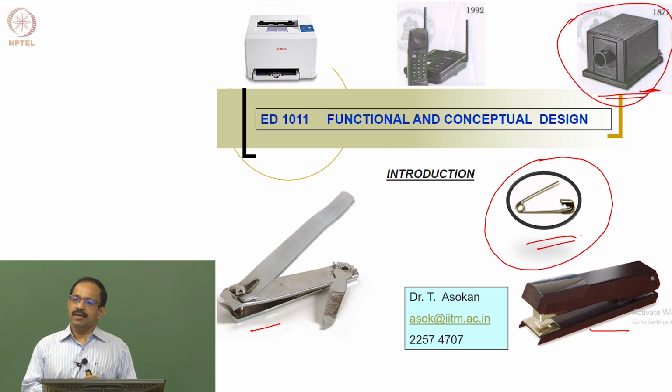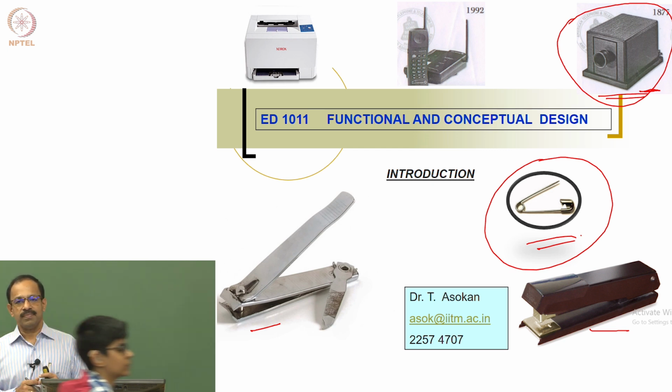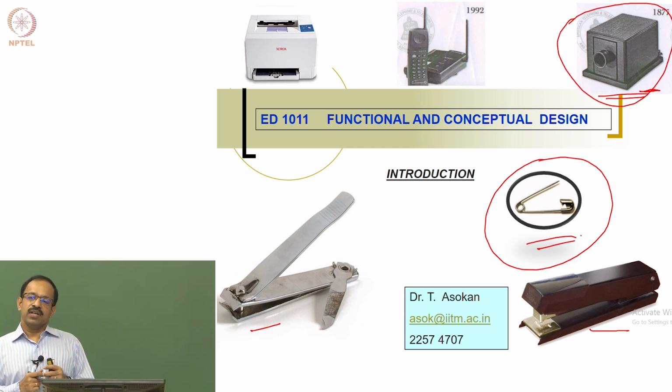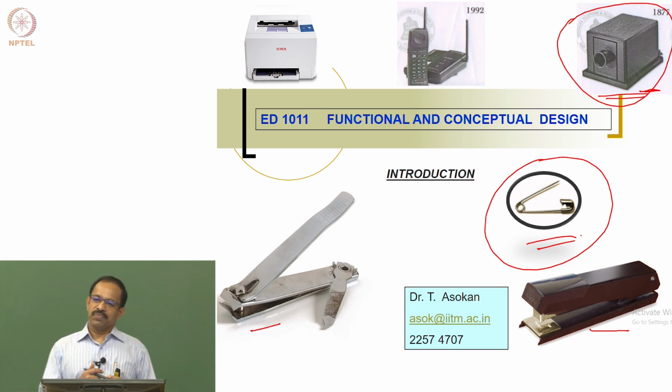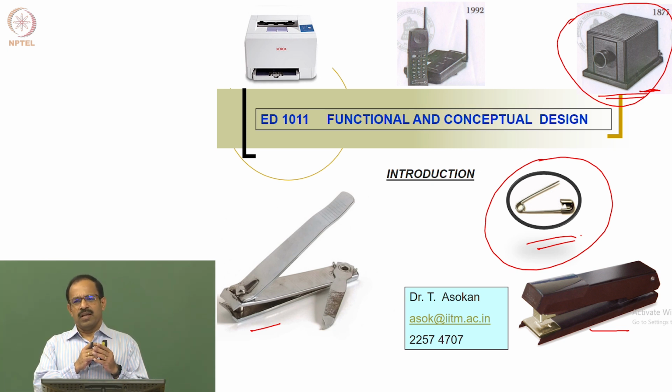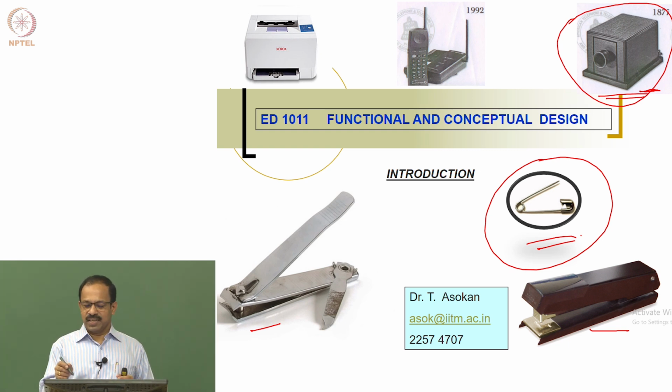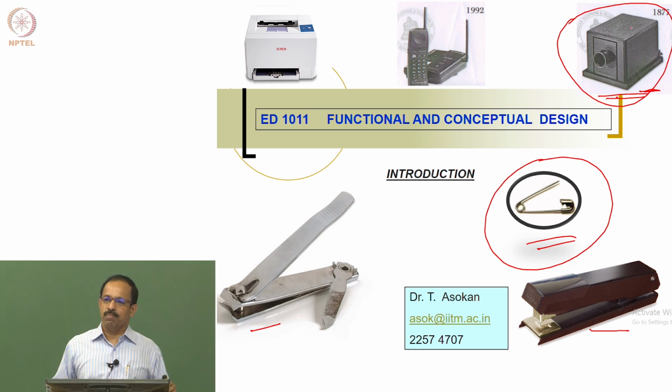Now look at this product and this product. What is the difference here? The phone, which was developed long ago, has changed a lot, right? The current phone has nothing to do with this shape. The shape or the structure or the form of the product has completely changed in the last 150 or 200 years.